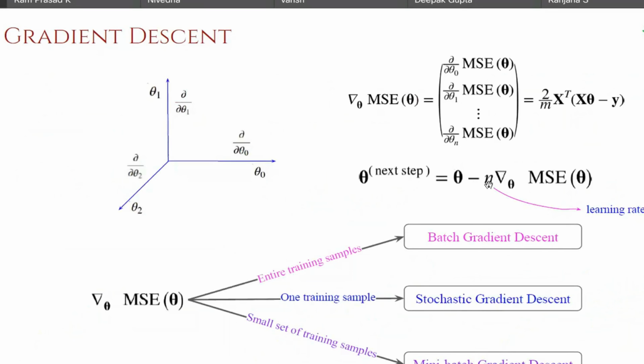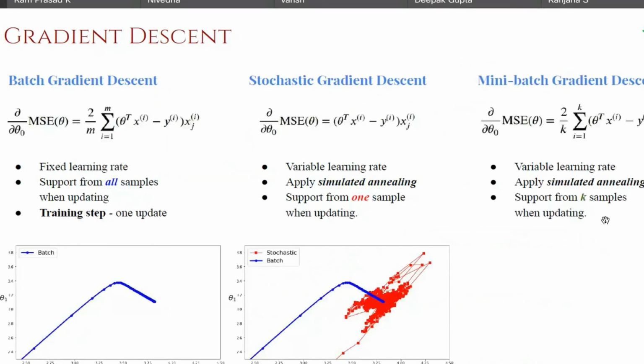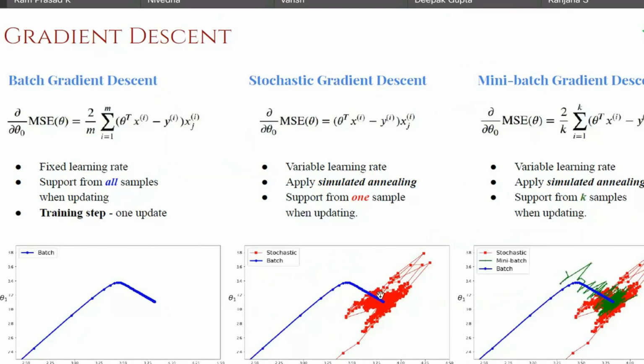So we start with a large learning rate, and then as we progress, we gradually decrease the learning rate. That means initially you take large jumps, and as you have accumulated more support, now you make smaller jumps. That is the intuition. So starting with a large learning rate, and then you gradually decrease with the hope of reaching an optimal solution.